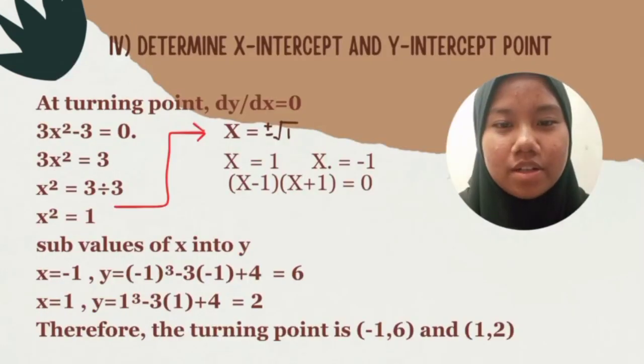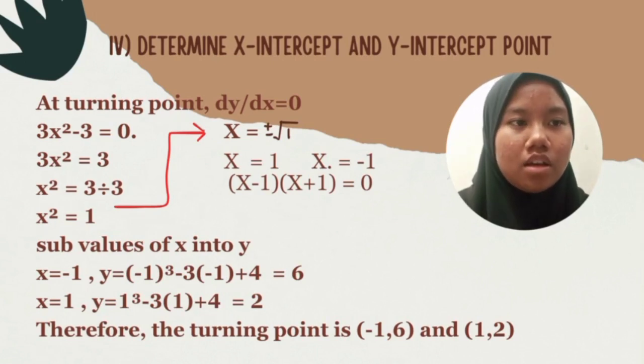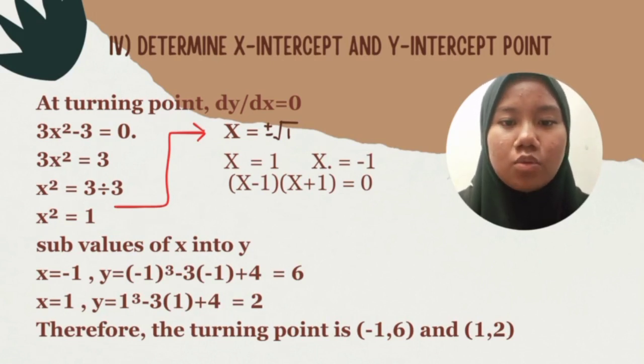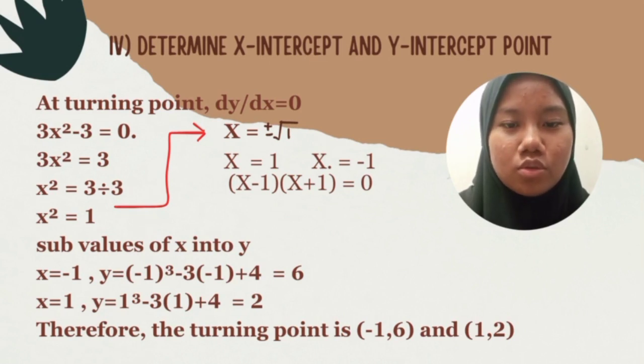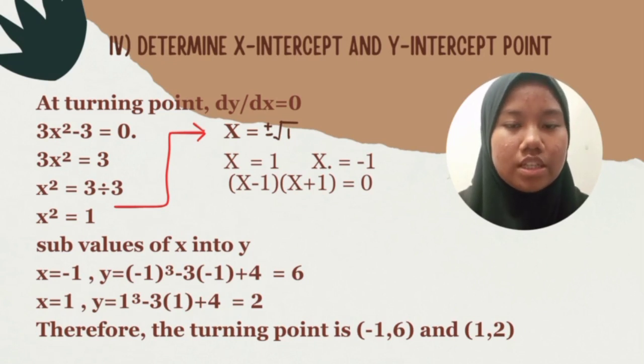So I will explain about determining the x-intercept and y-intercept. At the turning point, dy over dx equals 0. Then 3x squared minus 3 equals 0. Then 3x squared equals 3. x squared equals 3 divided by 3.